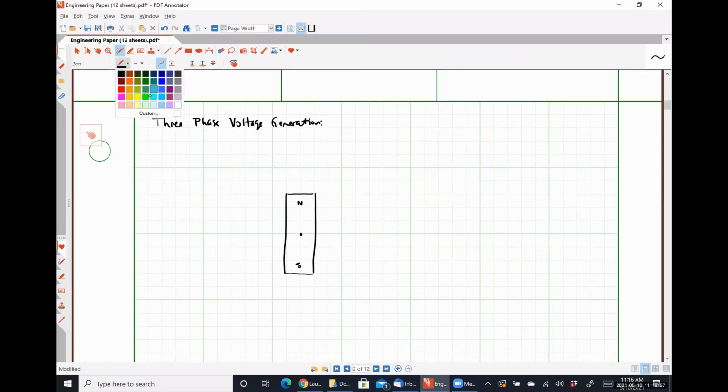Let me do that in orange. And so I'm just going to arbitrarily say that it's rotating counterclockwise with an angular frequency of omega. Okay. This part here in the middle is what's called the rotor. Outside of the rotor, we have what's called the stator.